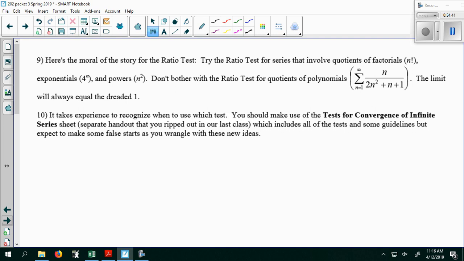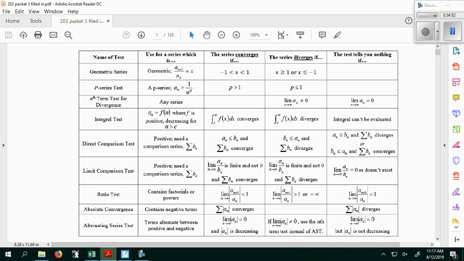It takes some experience to recognize when to use which test. Definitely use the tests for convergence of infinite series sheet that is the first page of your packet, this one, right? It names the test. It says what kind of series it's used for. It tells you the conclusions you can draw, and when it tells you nothing.